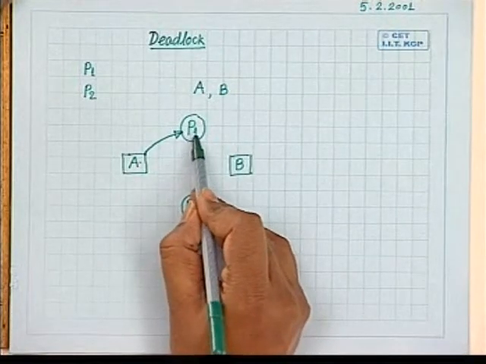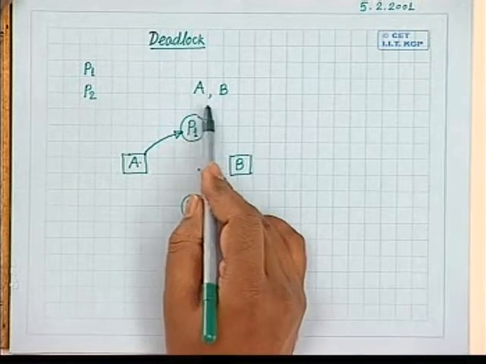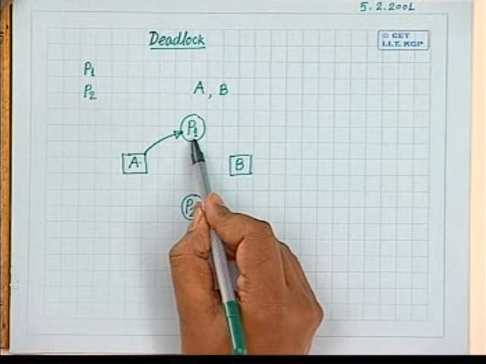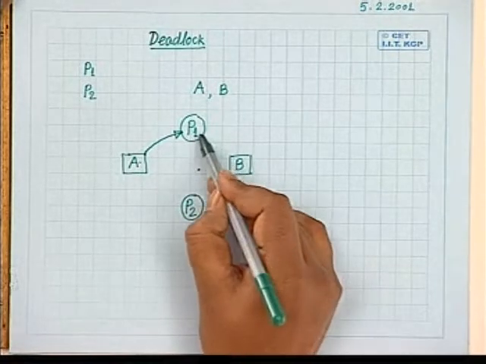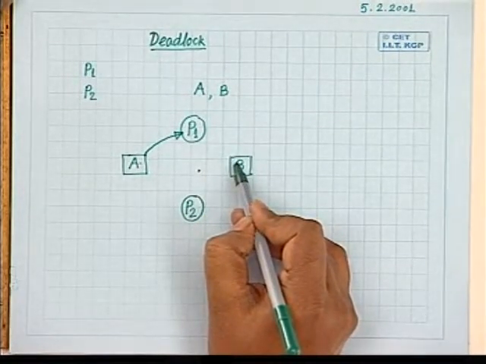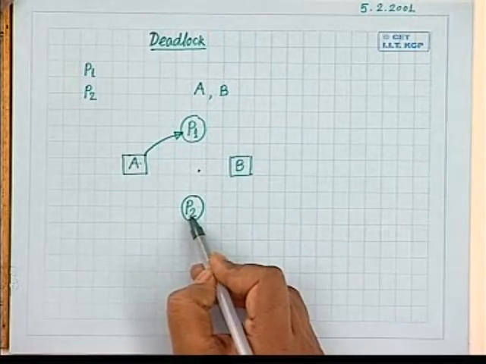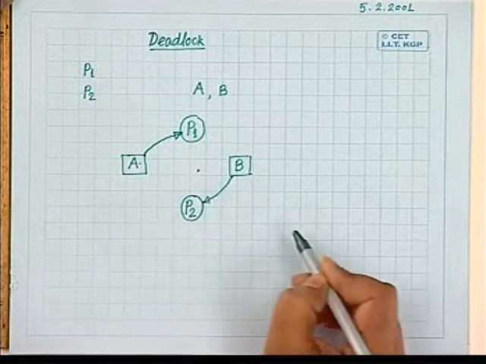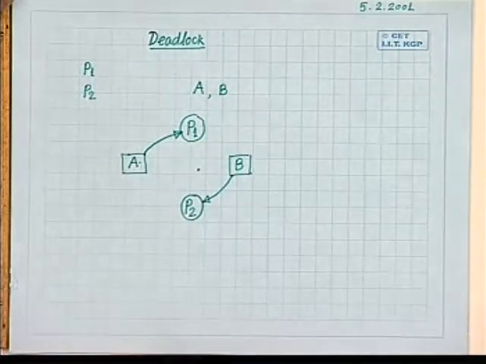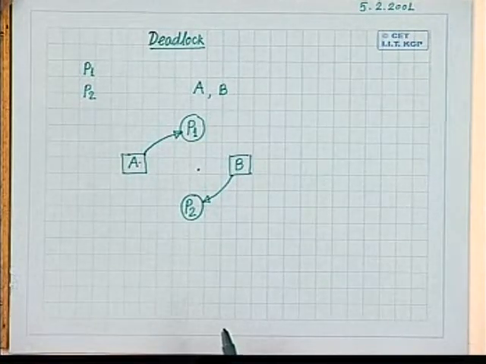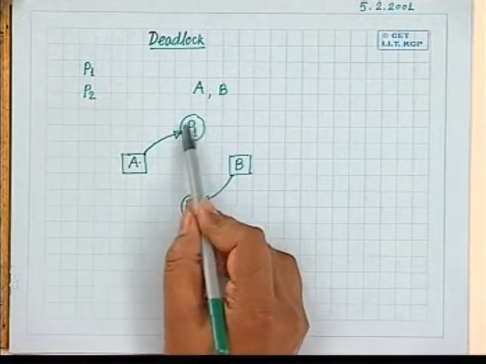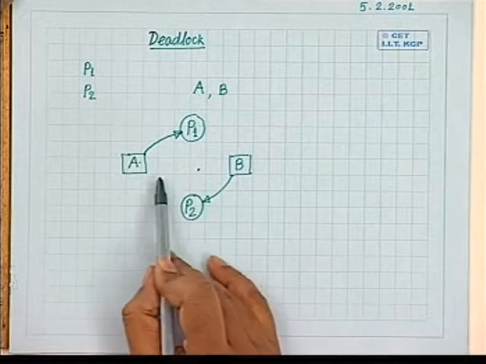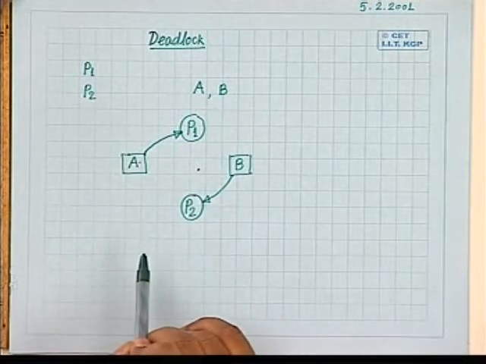Because for its completion, it requires both the resources A and B, so I have a situation like this, that P1 has acquired resource A and in future it will require resource B. For P2, it has acquired the resource B and in future it will require the resource A. And we have also said that P1 will require both the resources for its completion, P2 will also require both the resources for its completion.